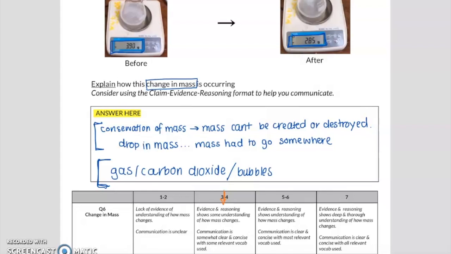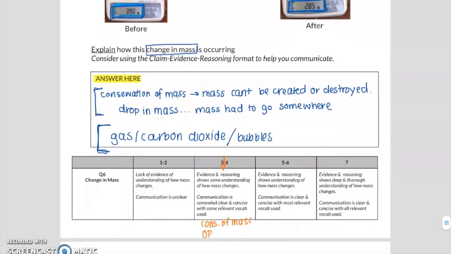This would be conservation of mass or a gas being released. If you mentioned both of them, conservation of mass and a gas being released, that would be a 5-6. But to really take this question to the next level, to earn that full 7, you need to be really thorough in your understanding.